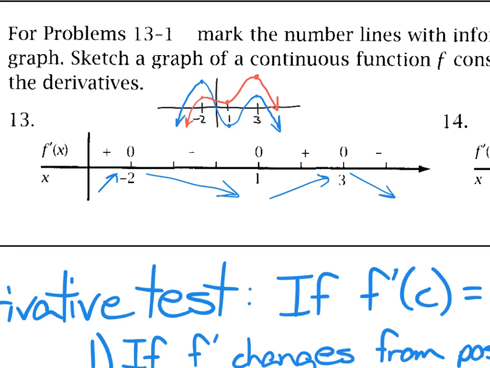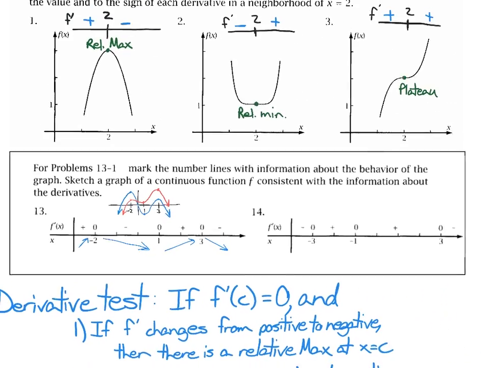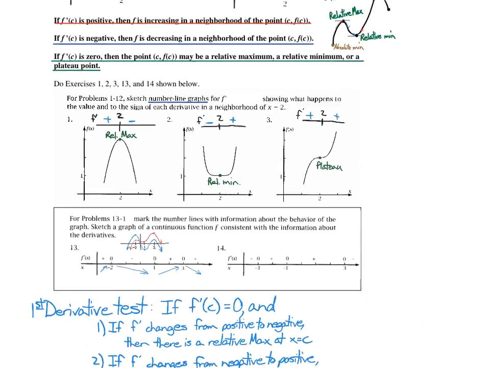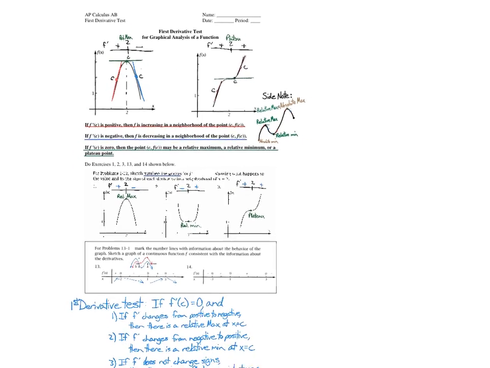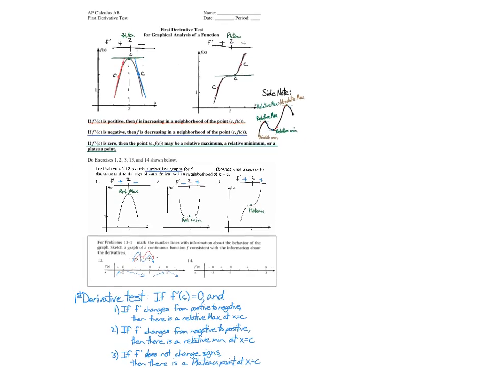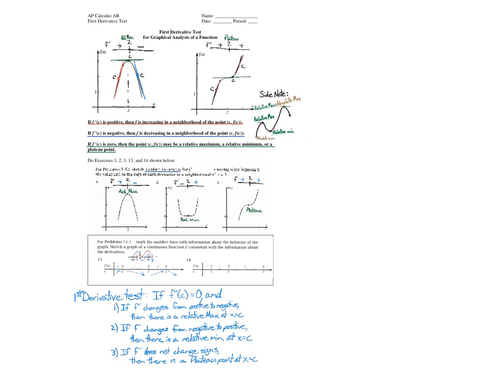Okay? So, there's more than one answer here. Okay, so that's our first derivative test. That is how we determine whether a function is increasing or decreasing. And that's also how we determine whether points are max, min, or plateau points. Okay? All right.